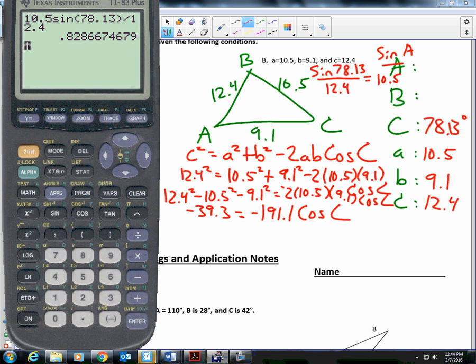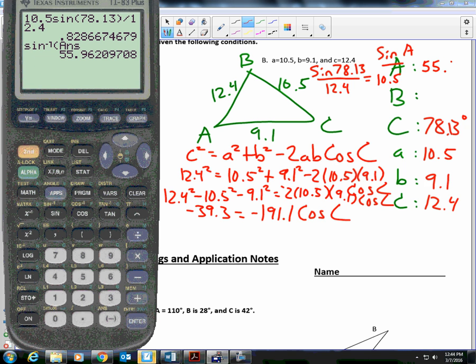Inverse the answer, 55.96. Subtract from 180.